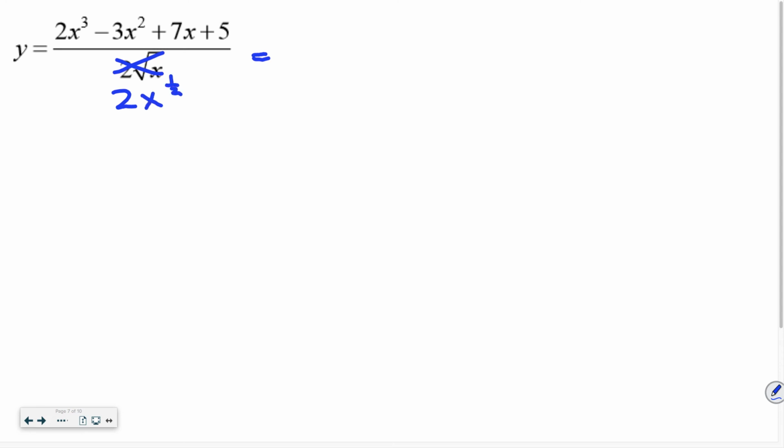When I take 2x cubed and divide it by 2x to the 1/2, we really have 1x to the 5/2, because we subtract our exponents when we divide. Negative 3x squared divided by 2x to the 1/2: our term would be negative 3/2 x to the 3/2 because we subtract our exponents.